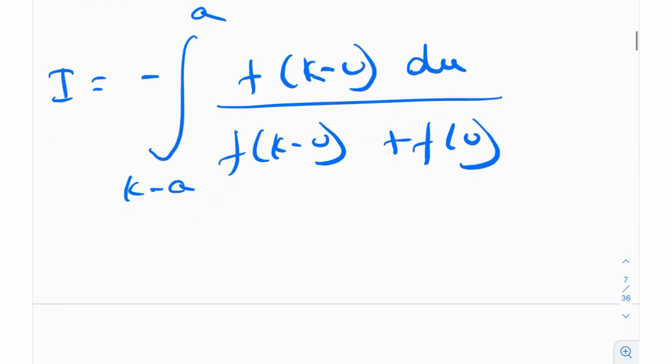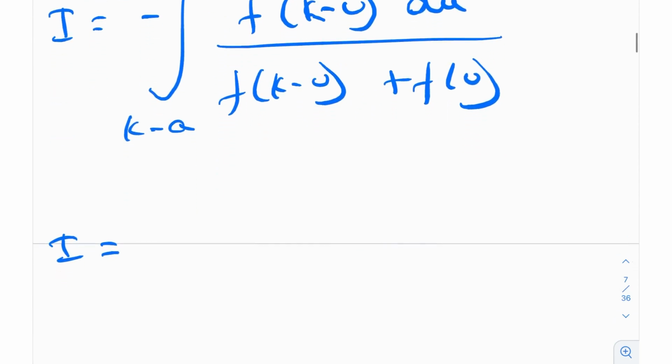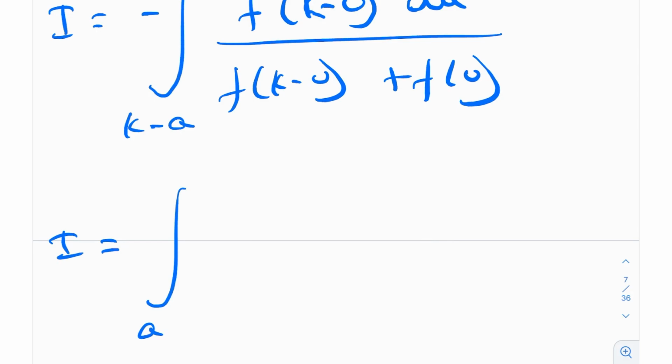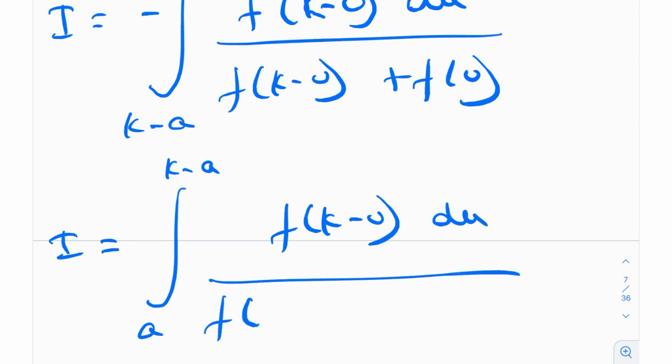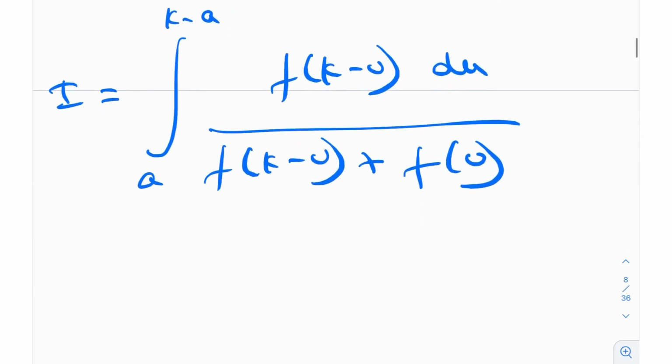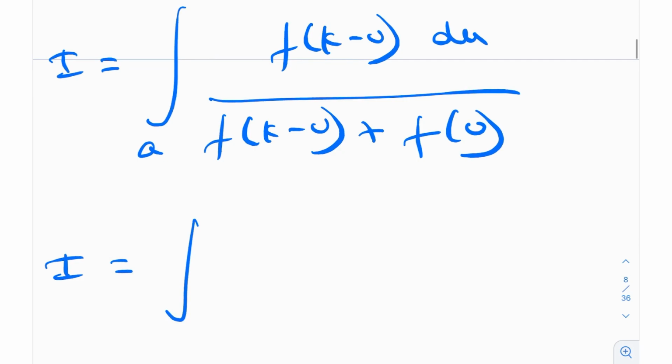Now, if I swap these limits, I'll have to multiply by negative. So this just becomes the integral from a to k minus a of f of k minus u du divided by f of k minus u plus f of u. And again, a definite integral does not depend upon the variable of choice.